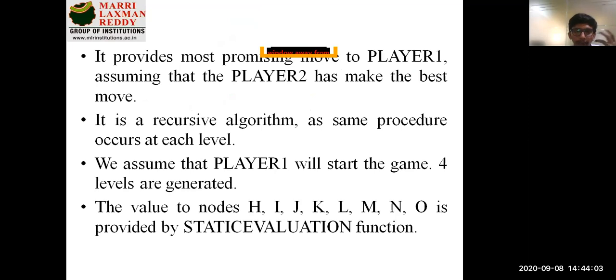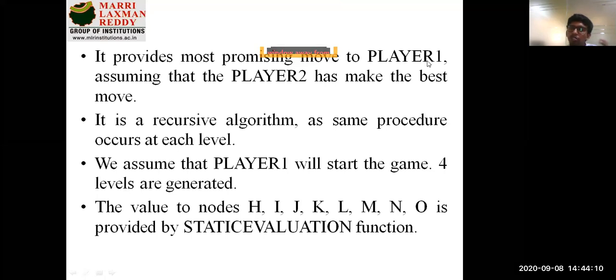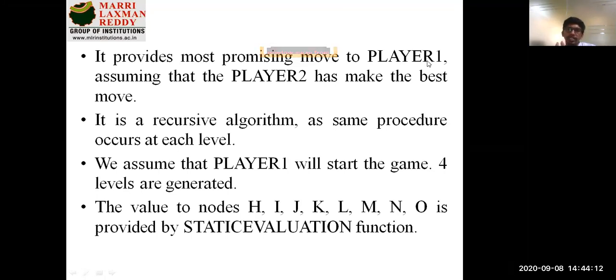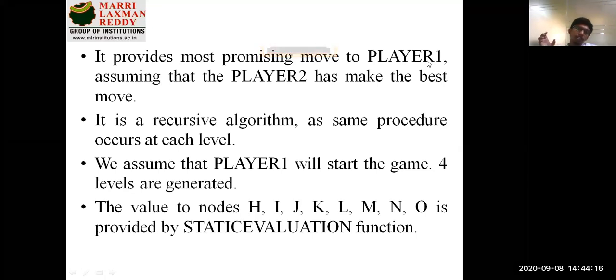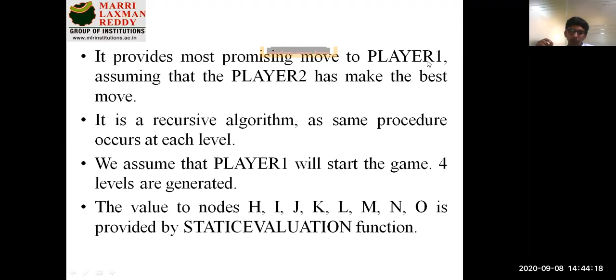It provides the most promising move to player one, assuming that player two makes the best move. So when I am playing a chess game or a tic-tac-toe game, you'll have all the different possibilities with respect to the game. Player two will assume that player one has applied the best move, and he will try to beat him with his move.